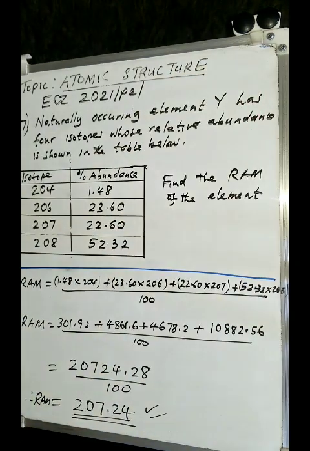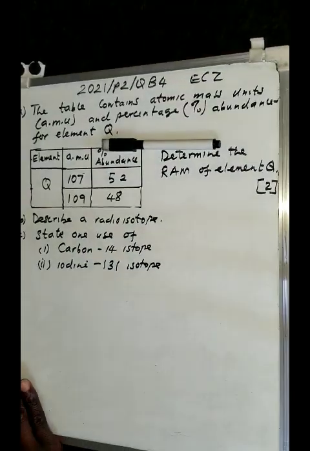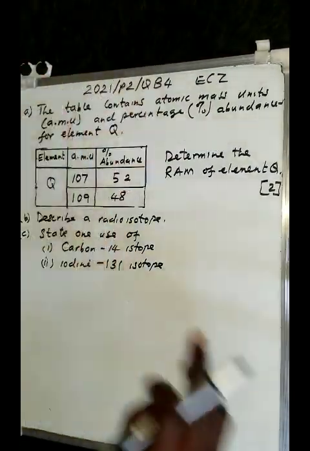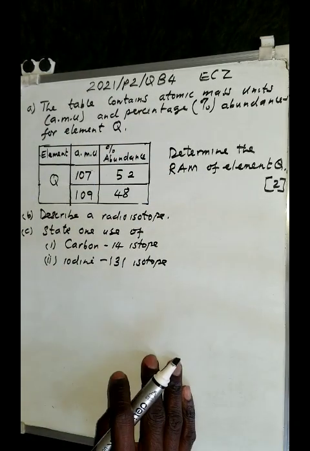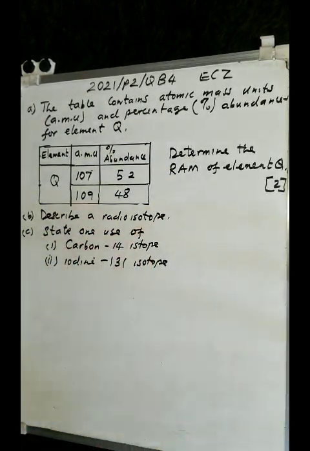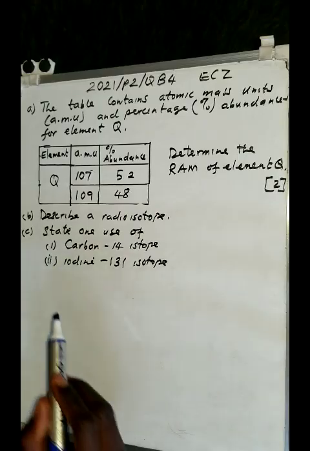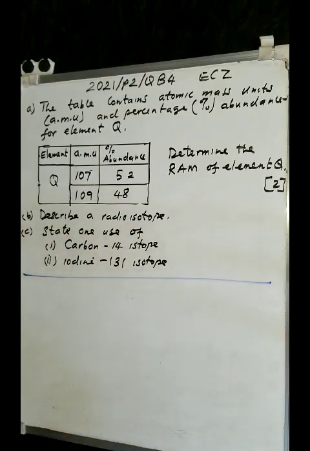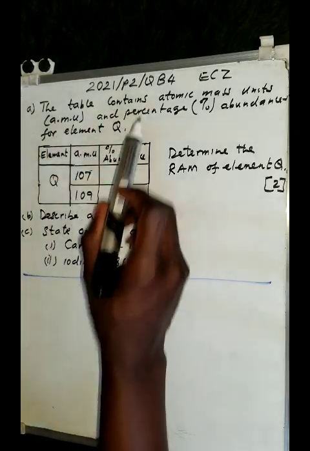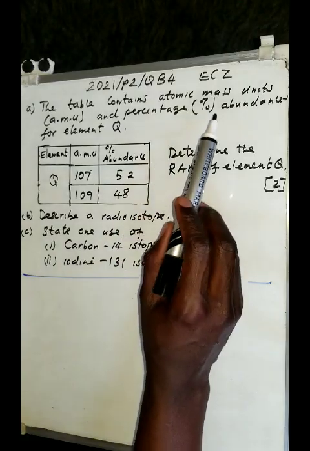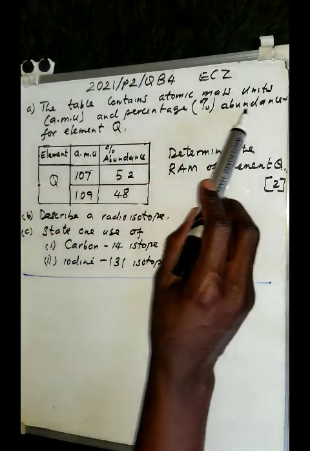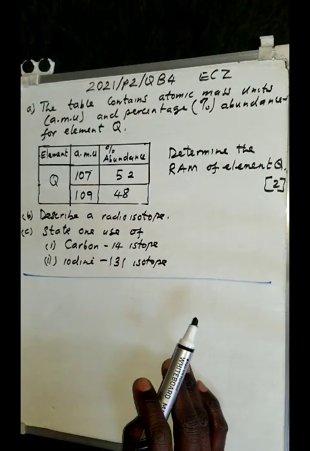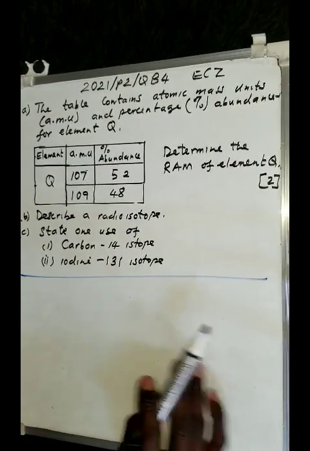All right, let's move on and try to look at another question that came in the same question paper. That's the 2021 paper 2, question number 4B. Now this was question number 4B in section B there. So what did they want you to do there? Of course, it says, the table contains isotopic mass units, so AUM, and percentage abundance of element Q that you have been given there.